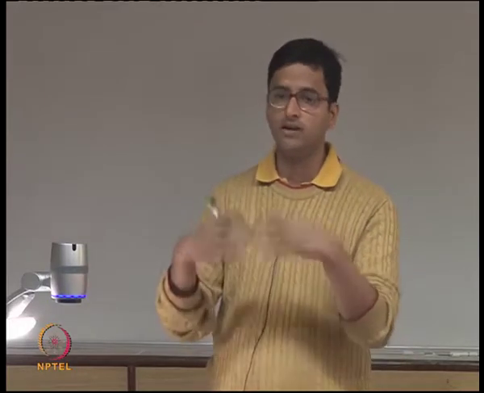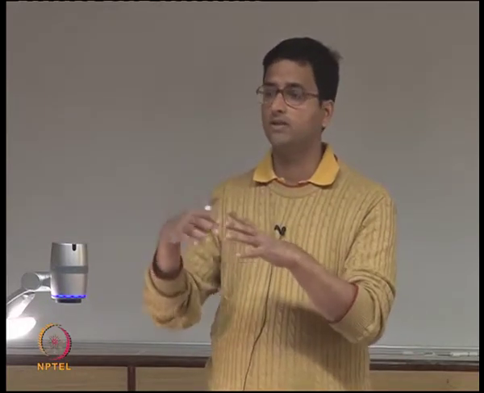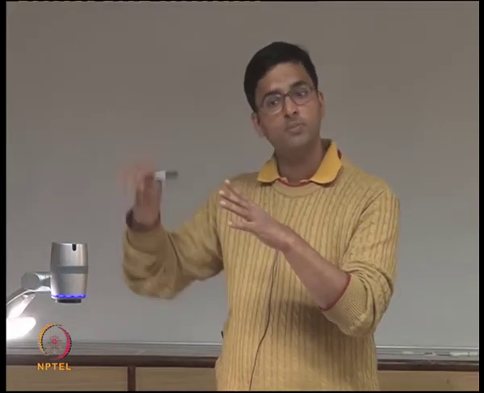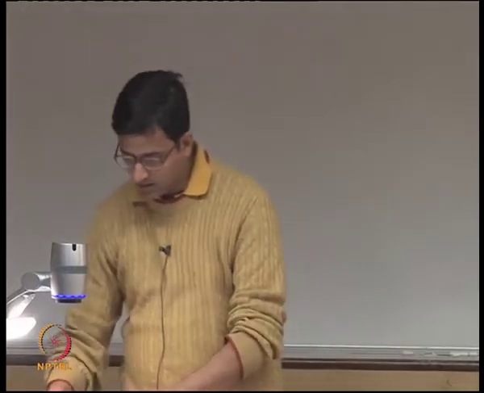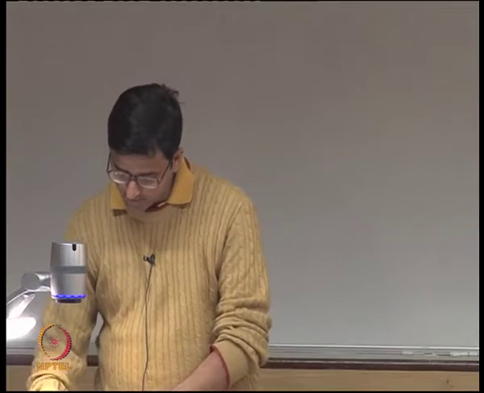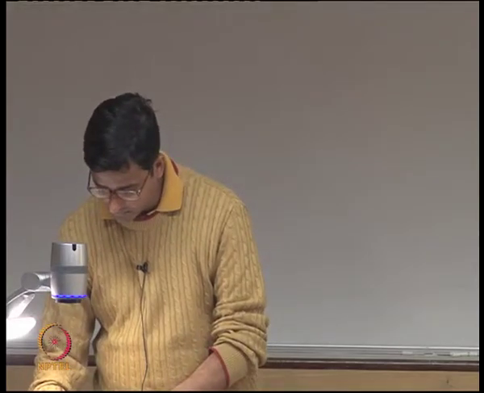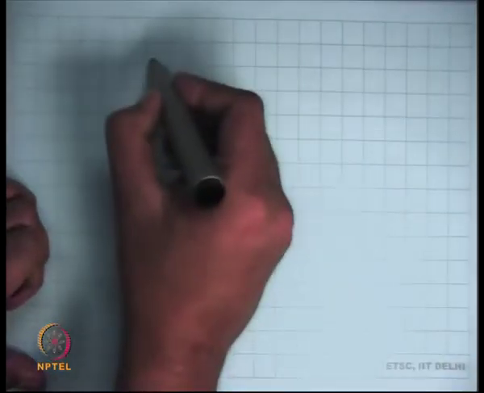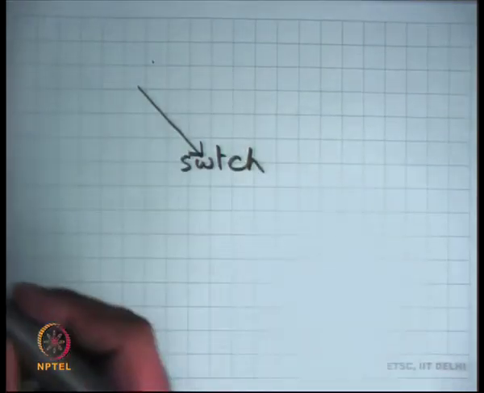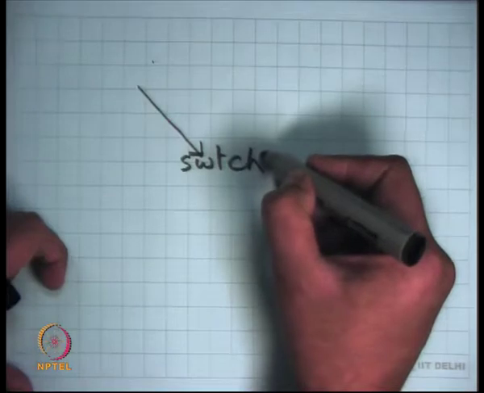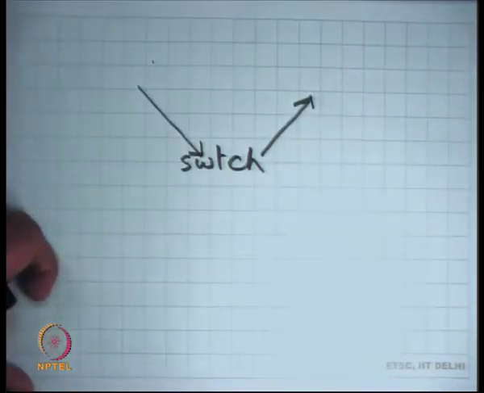So there's some function which will call the switch function, and the switch function is not going to return back to that function. Switch is going to return to some other function. The switch function is something very special. Let's say this is switch. This is one thread that calls it, but return doesn't happen on that thread, return happens somewhere else.